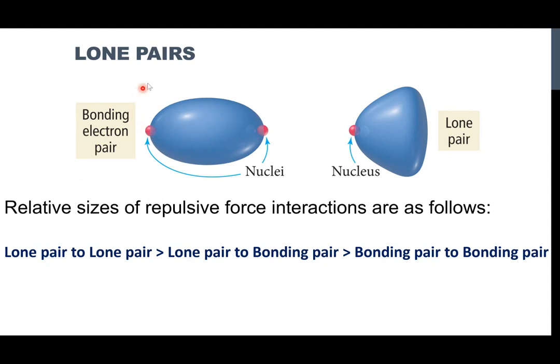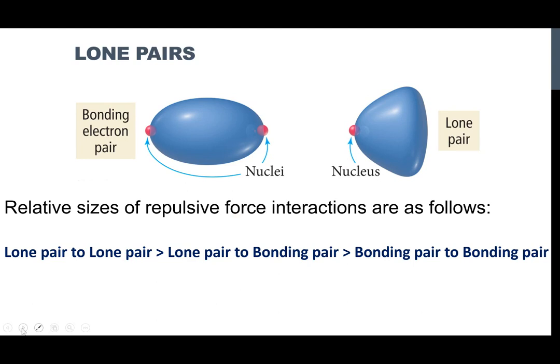So instead of this big, huge, fat region, it's more of a stretched out region. Where when it's a lone pair, there's nothing over here on this right-hand side that's holding that electron density tight. So this lone pair just kind of sits as a big fat blob on the side or the top of this particular atom. So lone pairs actually take up more space than a bonding pair.